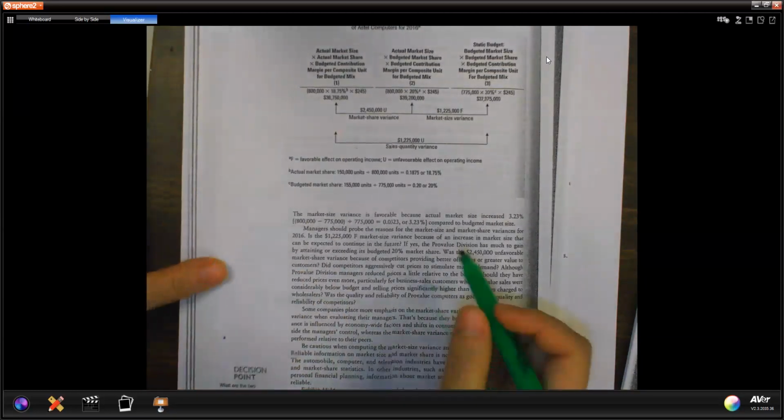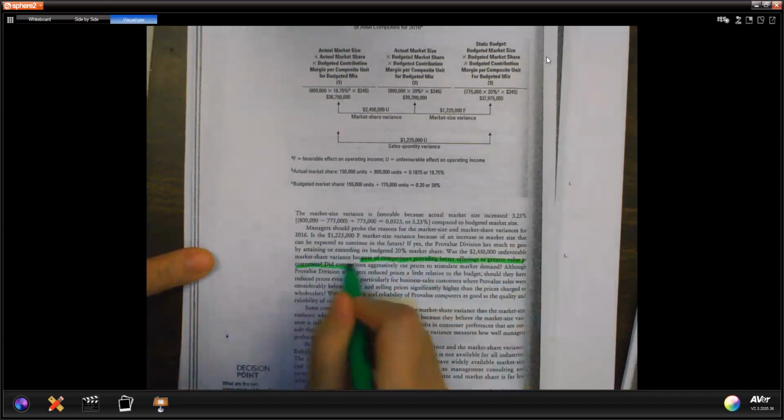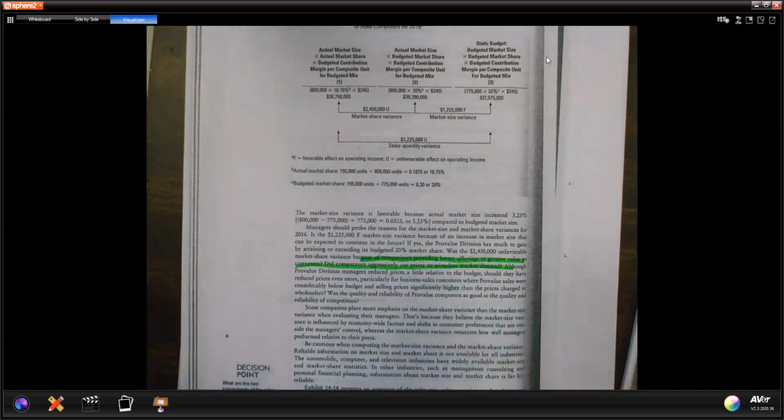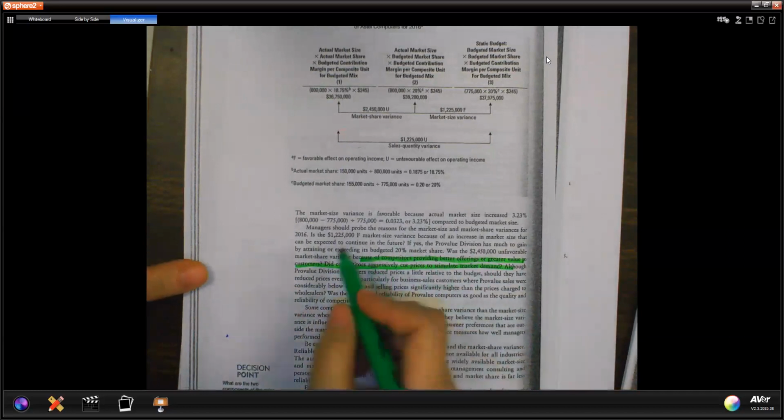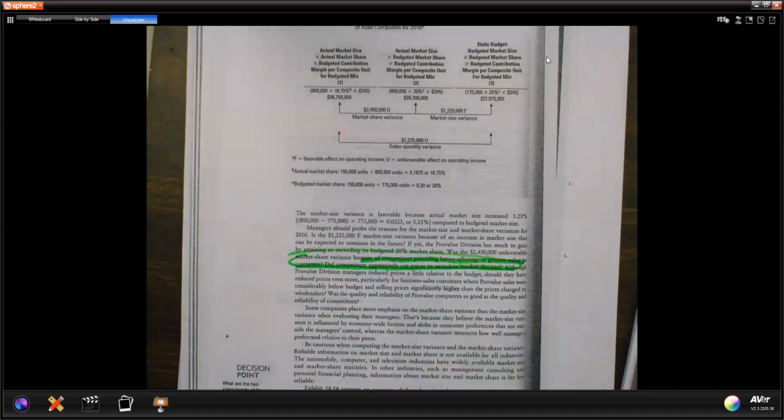What I want you to read is also this paragraph, right? They said, hey, why do you have the unfavorable market share? Because competitors are better, because the competitor cut the price or something. So market share is more related to your competitor.